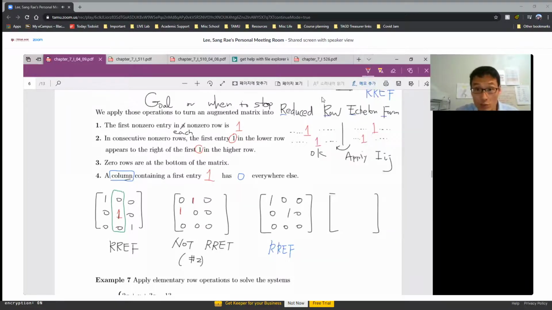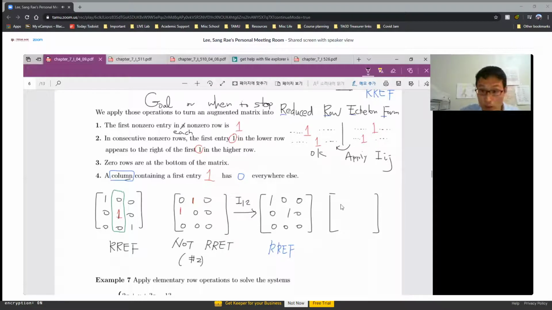In that case, you apply exchanging 2 rows, row 1 and row 2. Then you will get this RREF.